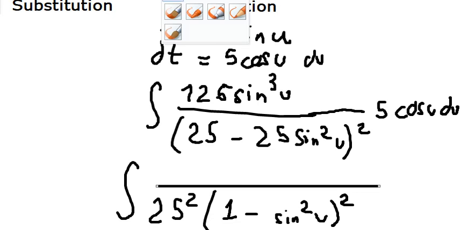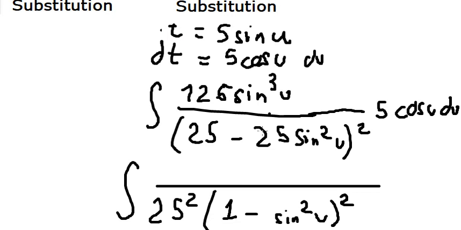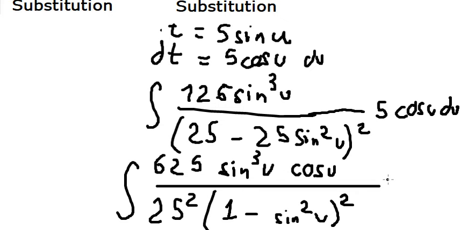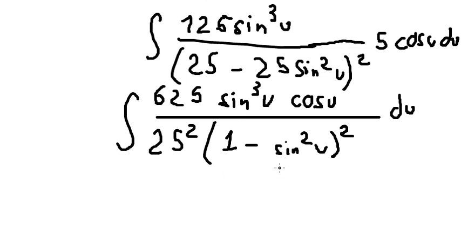You will got about 625 sine u to the power of 3 cosine u du. We simplify the number and you got about number 1, so that means this one they will cancel.